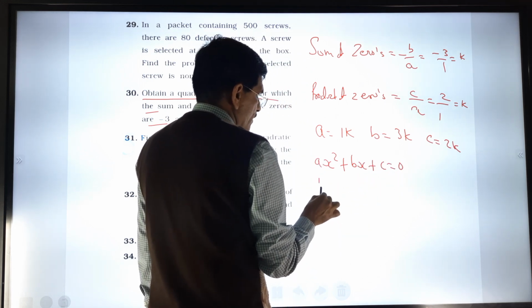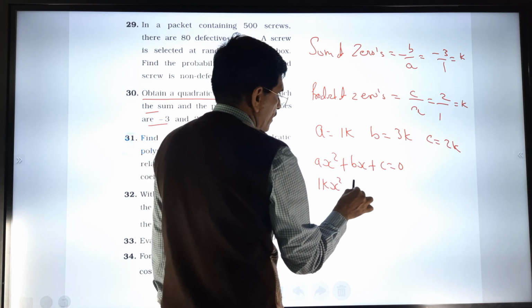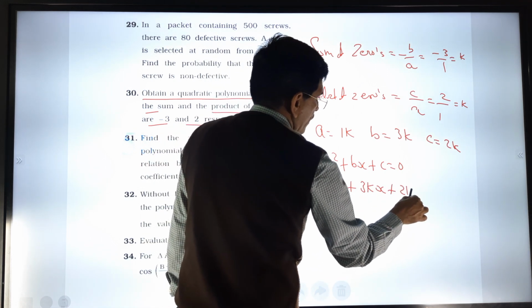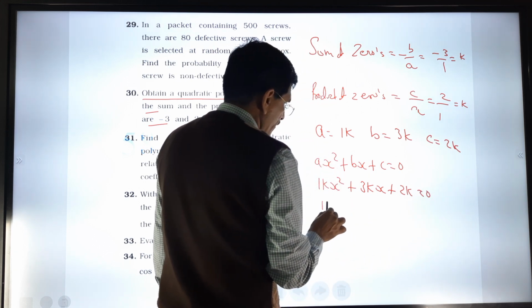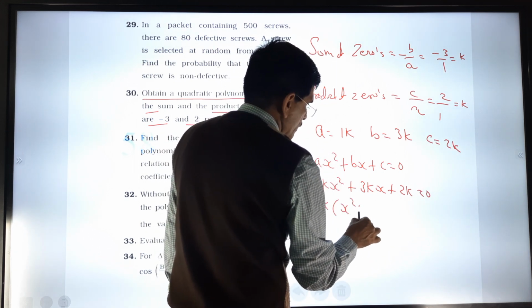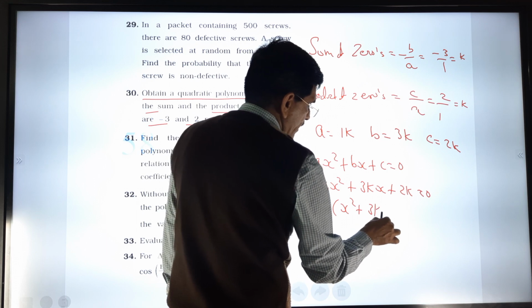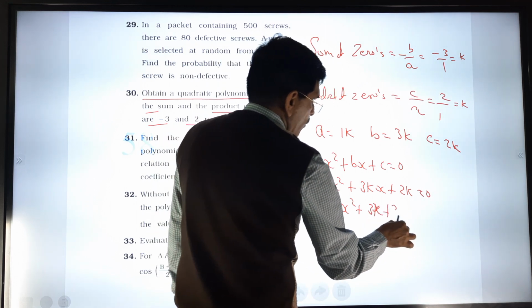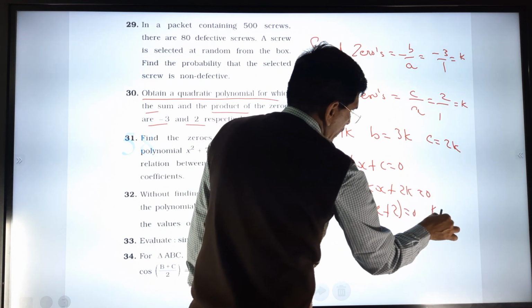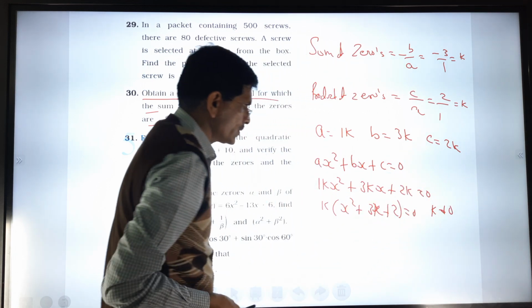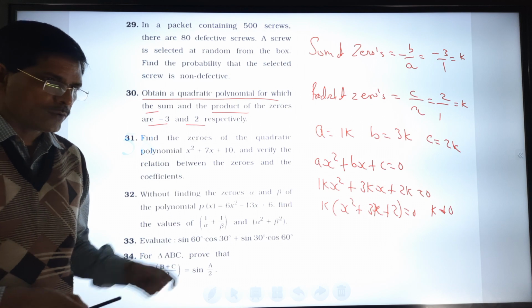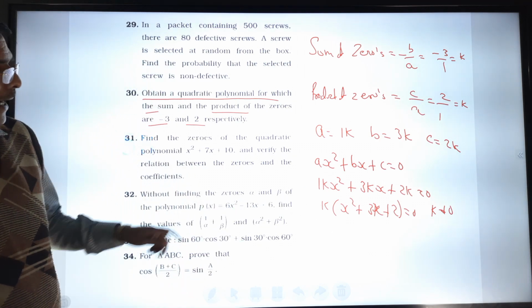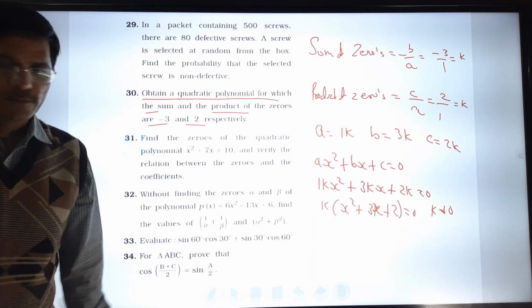Putting the values, that is 1k x square plus 3k x square plus 2k is equal to 0. Now I take k outside: k in a bracket x square plus 3x plus 2 is equal to 0, where k is not equal to 0. I hope you have understood it.